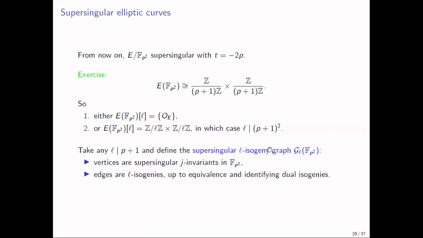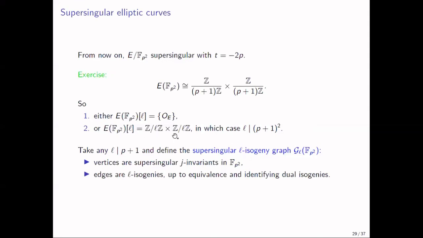Okay, so you'll get as an exercise to show that the group of rational points over F_p squared is isomorphic to two copies of Z mod (p+1)Z. So what this means is that there's either no l-torsion or there's full rational l-torsion.